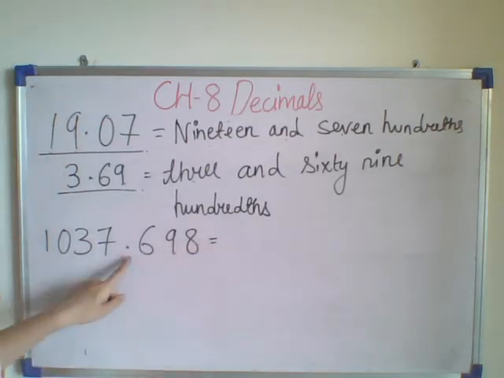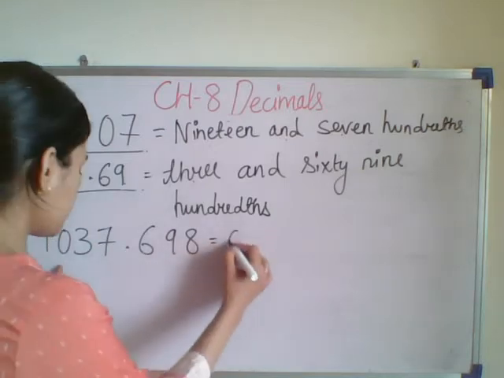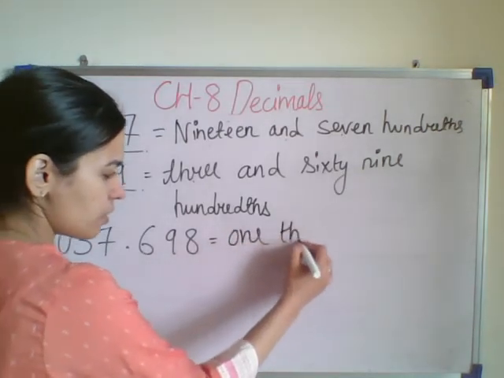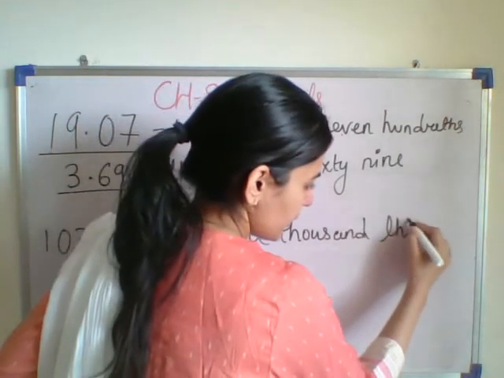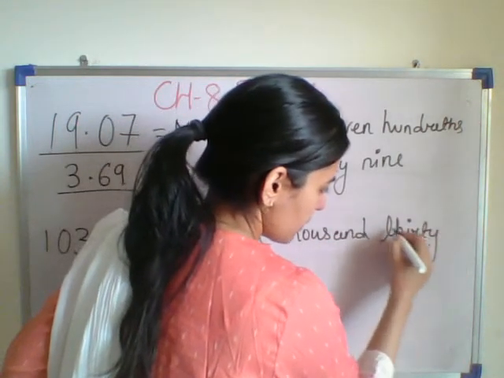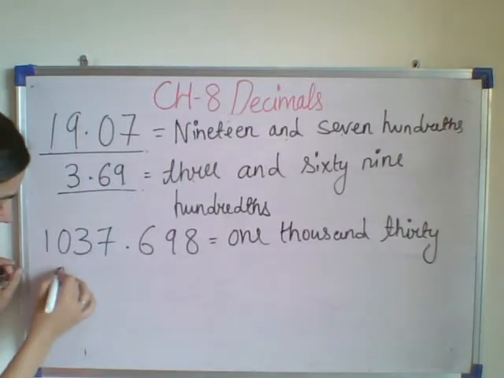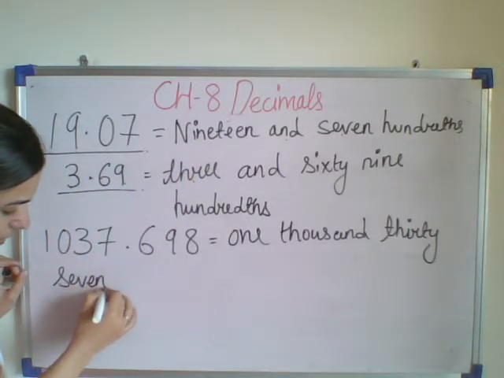The other form, how I will be writing? First of all, write the number before the decimal. It is 1037.